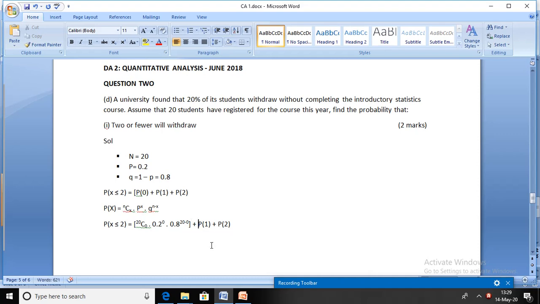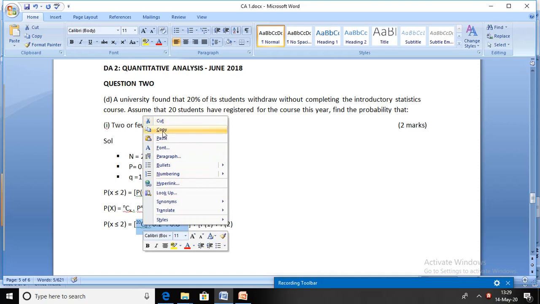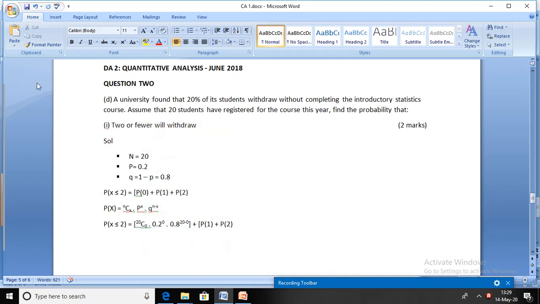Plus the probability of 1 will be, where there is x, you put 1. So 20 combination 1, 0.2 to the power 1, 0.8 to the power n minus 1.